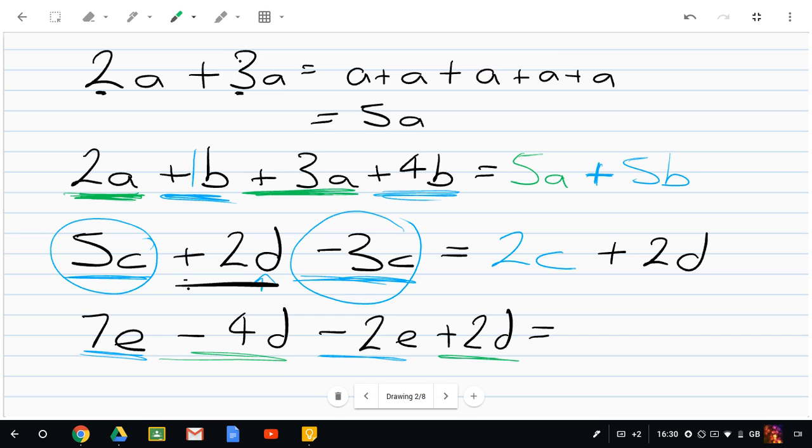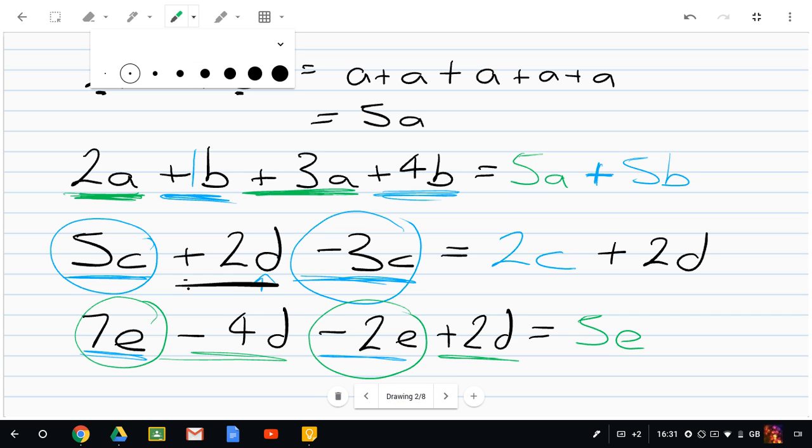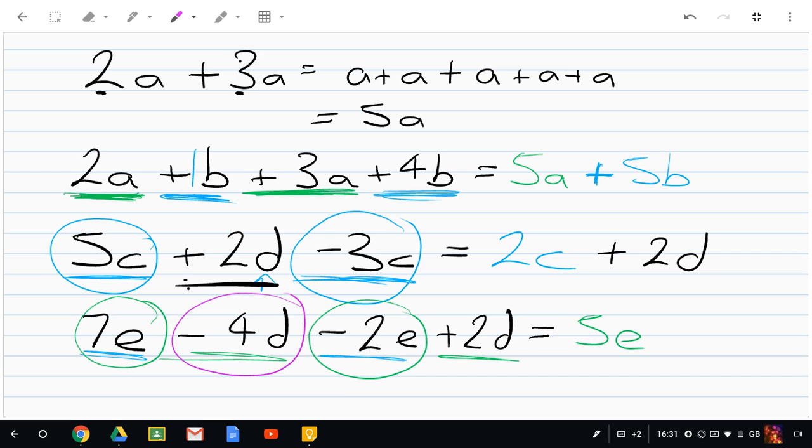So I'll do my E's first. So 7E minus 2E leaves me with 5E, and minus 4D, don't lose that minus, plus 2D. Minus 4 plus 2 is minus 2D.